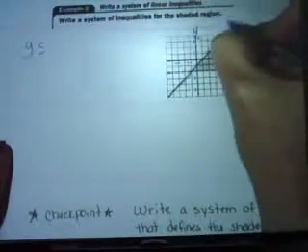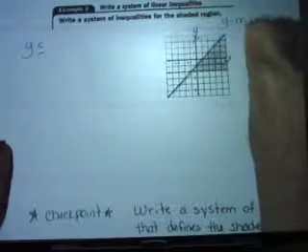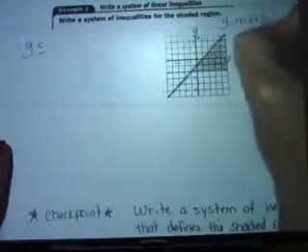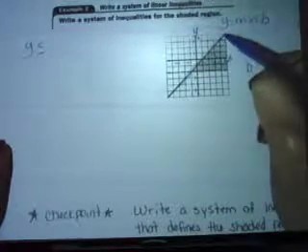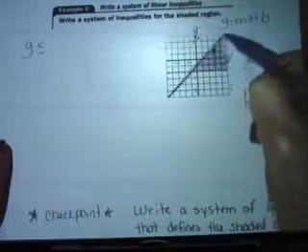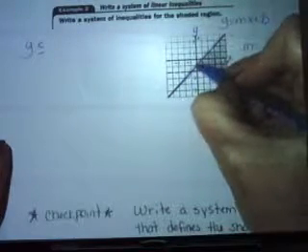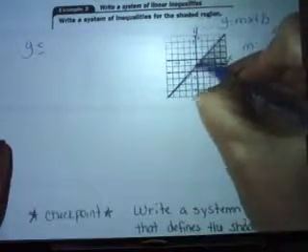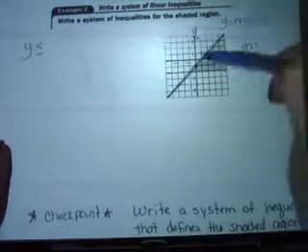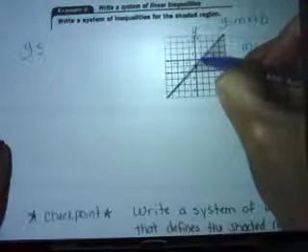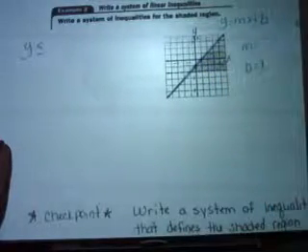Let's get it in slope-intercept form. What two things do I have to know? I have to know slope and y-intercept. Looking at this line, can I see where it intersects the y-axis? Yeah, it intercepts at 1, so my y-intercept is 1. Then I'm going to choose 2 points on the line and count the slope.